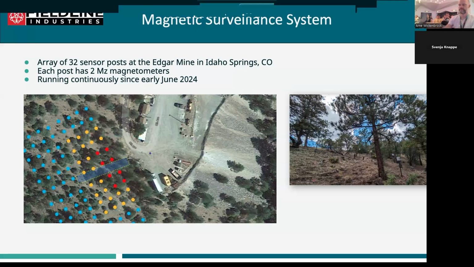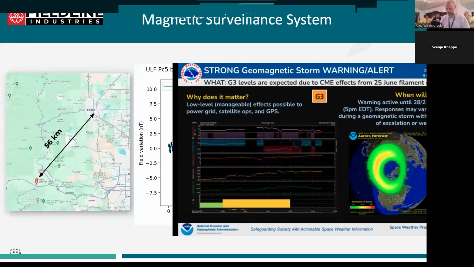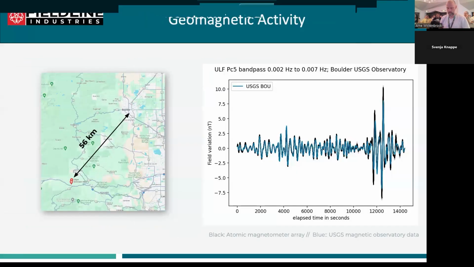I have a quick question on your other slide where you had this mine array and then you compared it with something else, 57 kilometers apart or something like that. So what exactly is correlating here? Is it the Earth's magnetic field? Exactly. This was a geomagnetic storm that came through.